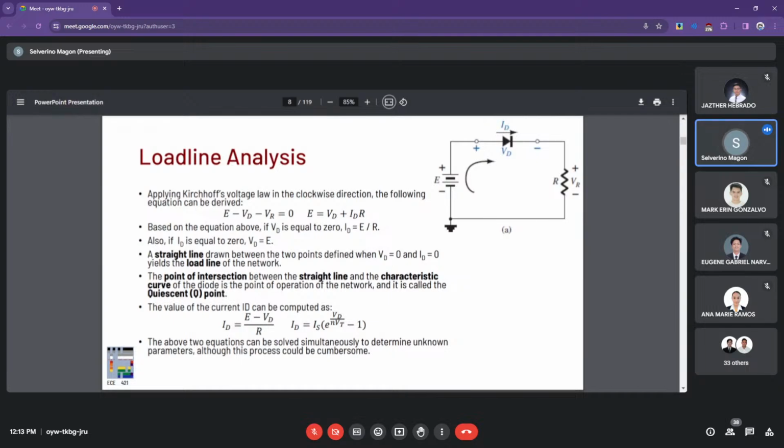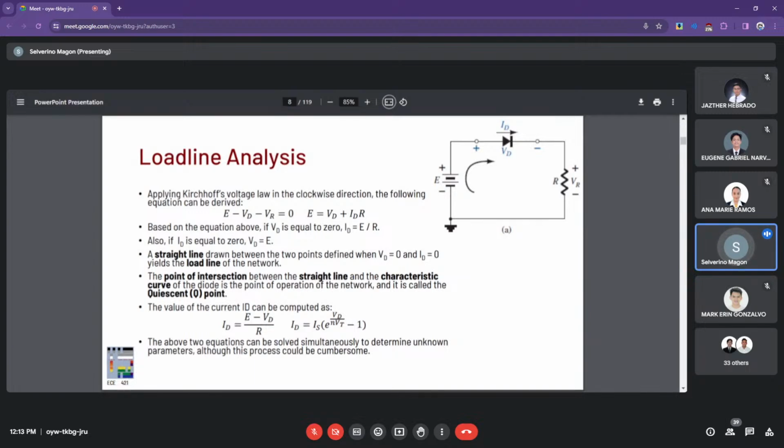So a straight line is drawn between two points defined when you have 0 volts across the diode and 0 current through it. And then we have the load line of the network by plotting that straight line.